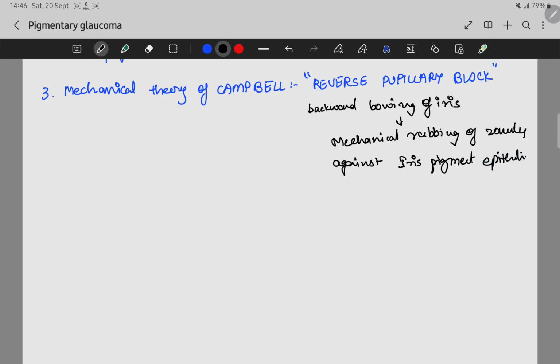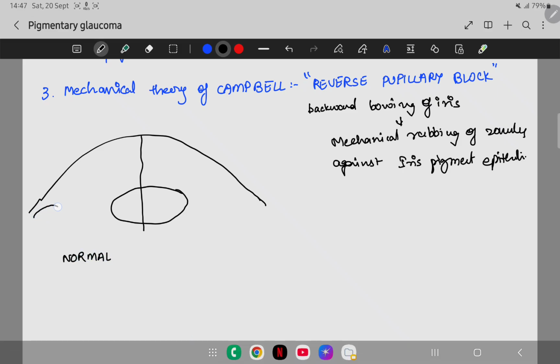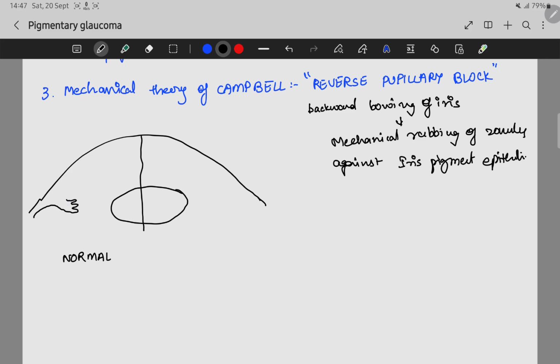So just to explain it better, we take it as a cornea. This is the lens. So this is normal side. So we have zonules and the iris, and here is the Schlemm's canal.